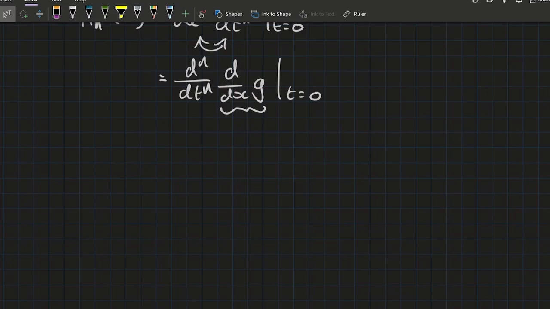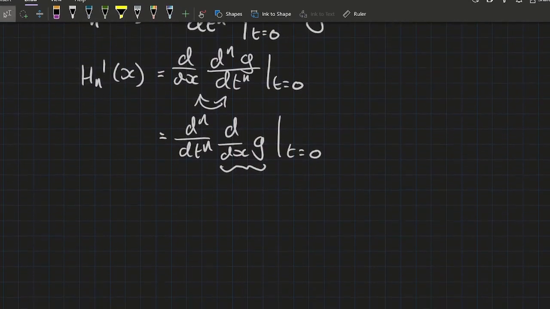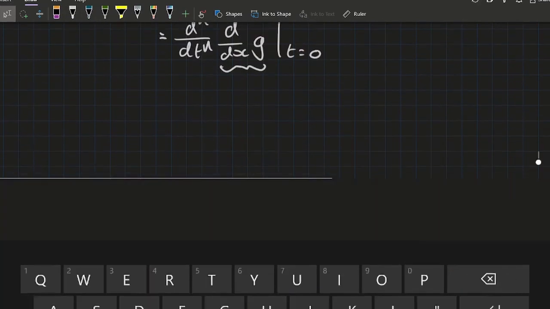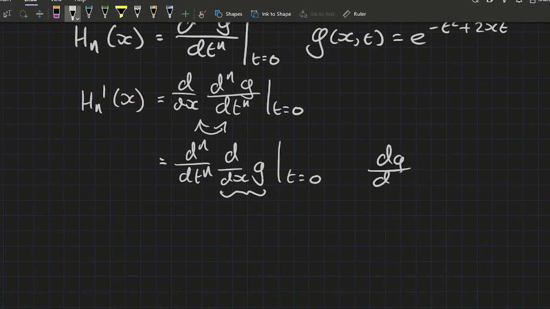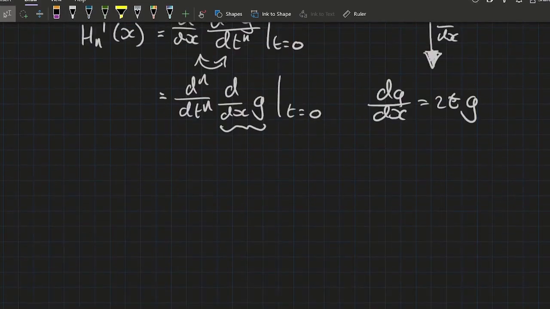This is actually a very well defined value, because we have g written out explicitly here, and we're only taking the first derivative. So let's just write quickly that dg/dx is going to be equal to 2t g. Naturally, you should be comfortable with taking derivatives of exponentials here.